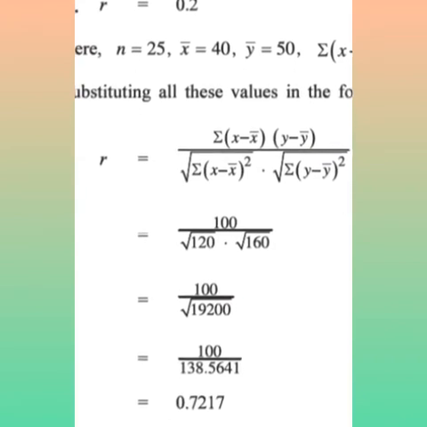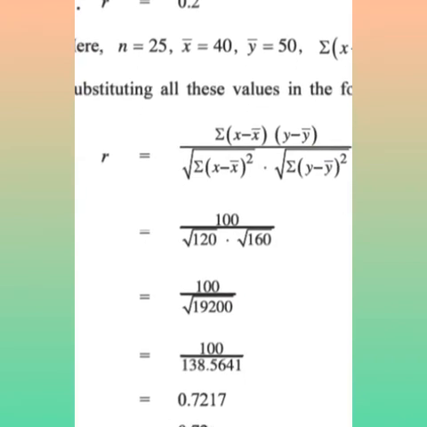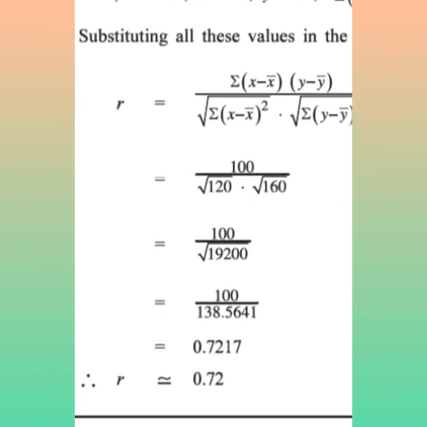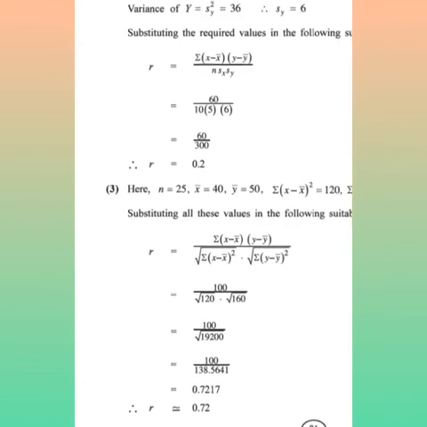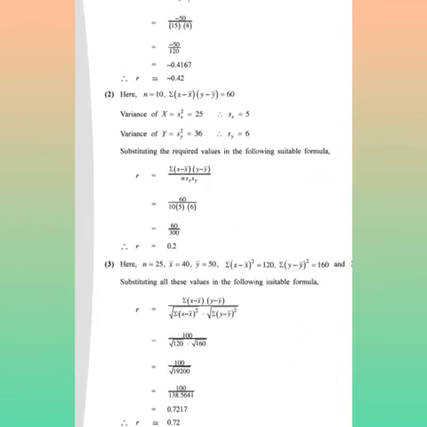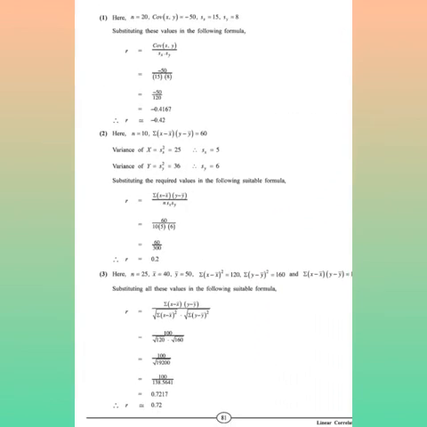Putting all the values, you will get something like 0.7217. So the approximate value of r is 0.72. That is how you do the third short sum.